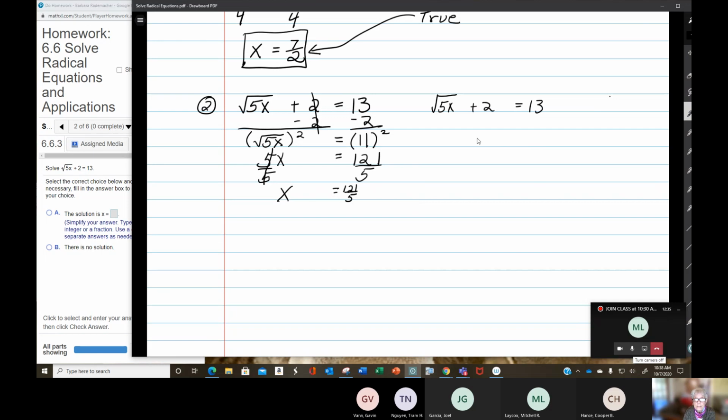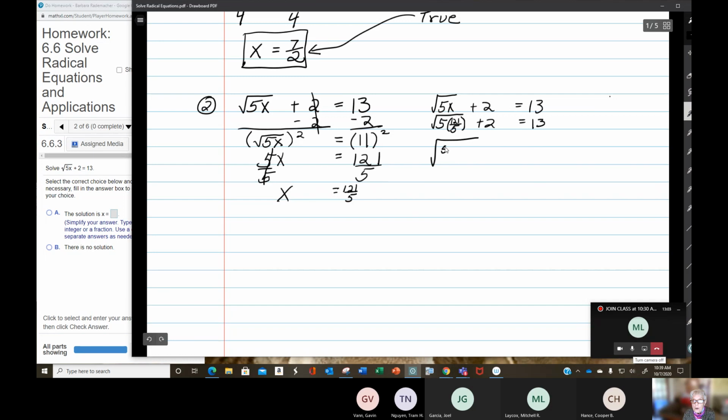So let's see. I will have the square root of 5 times 121 over 5 plus 2 equals 13. Now I need more room, so I'm going to make a bigger square root.